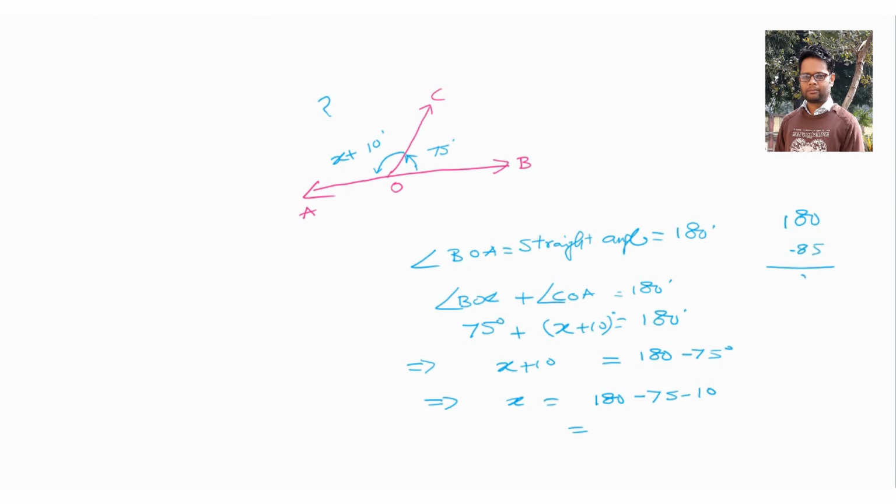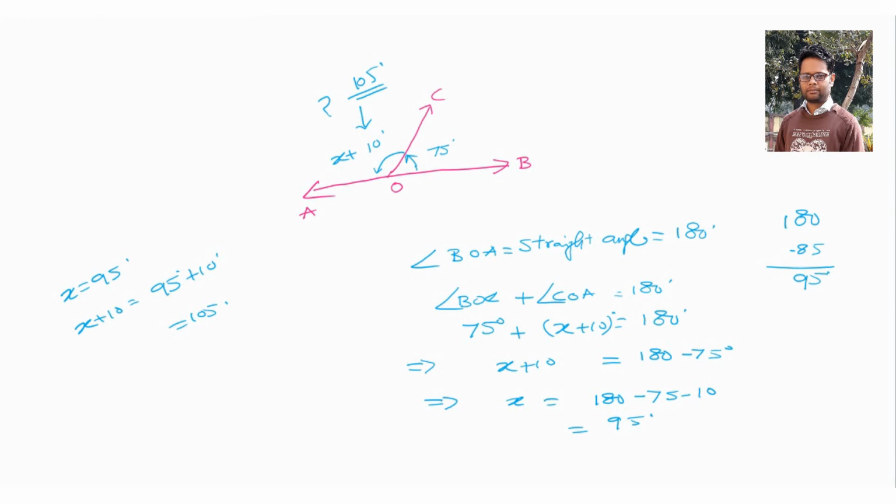It would be 95. The answer would be 95. If the value of x is equal to 95, that means x plus 10 is equal to 95 plus 10 degree, that means 105 degree. So this angle would be 105 degree. So this is a very easy way to find the angles.